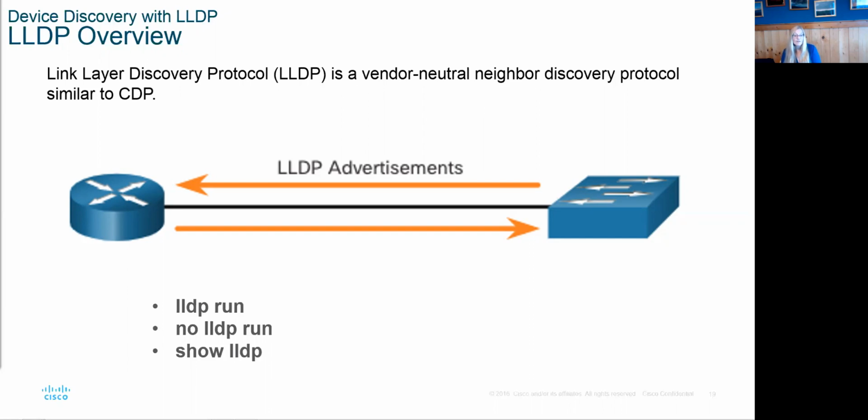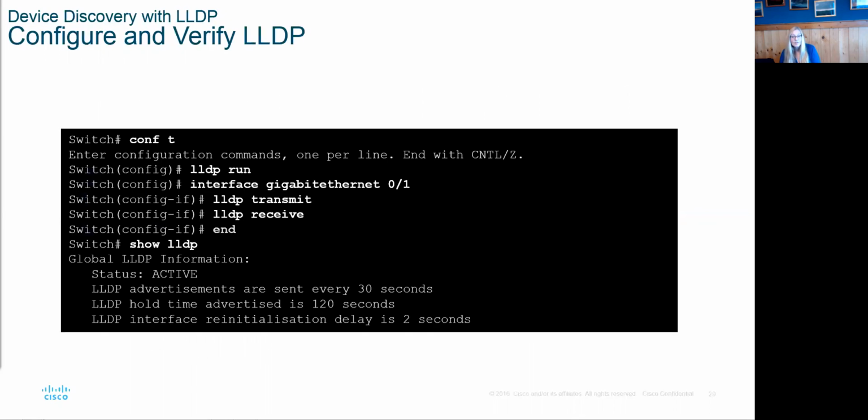So to verify that it's enabled, you can enter show lldp in privileged exec mode. Here we're enabling LLDP on G0/1 to transmit and receive information from the neighboring devices. And notice that we have to explicitly state transmit and receive.